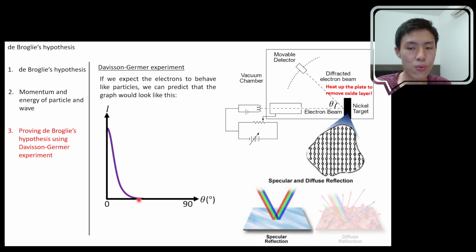Okay, and when you move towards 90 degrees, you will see near none of the electrons getting over here. This is what you predict if right now it's a regular crystalline structure and it behaves like a specular reflection. So all the electrons will get reflected off in the same path, resulting in 0 degrees having a high intensity. This is what you should be predicting.